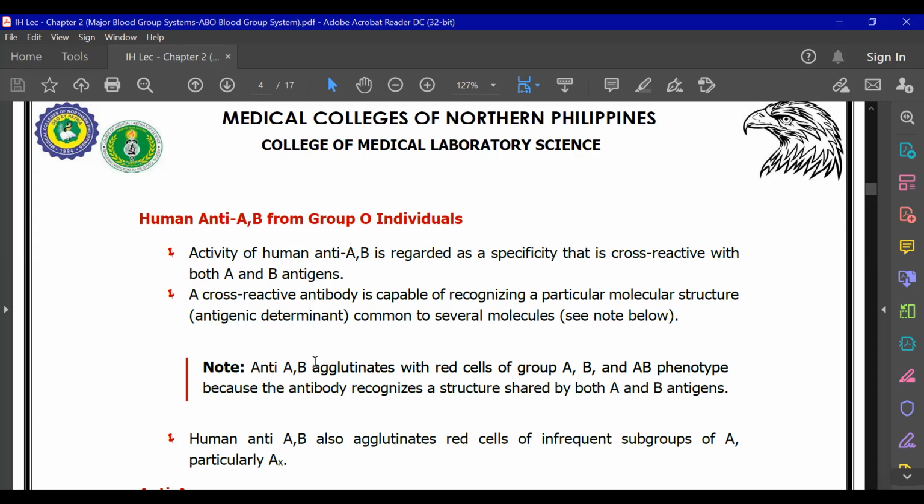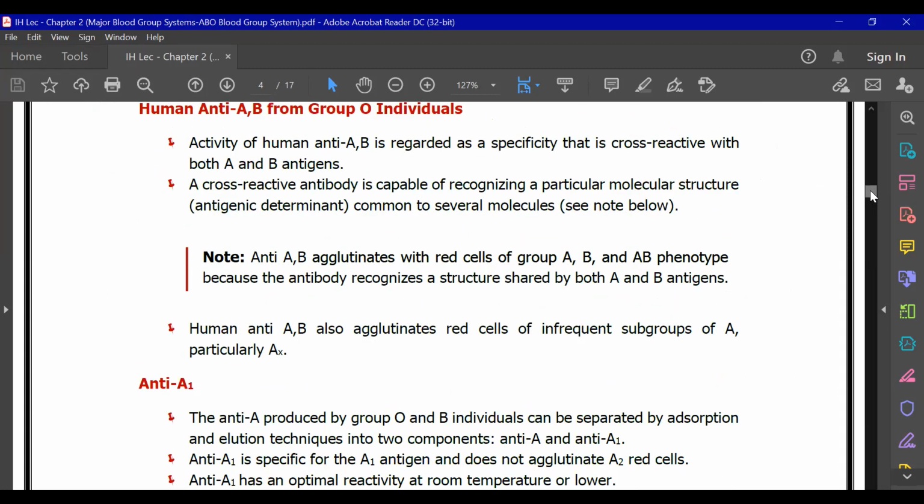Note that your anti-AB agglutinates with red cells of your group A, B, and AB phenotype, because the red cells of these individuals have both the A and B antigens. And we said that anti-AB can recognize a particular antigenic determinant which is common to more than one antigen. That is why it is considered a cross-reactive antibody.